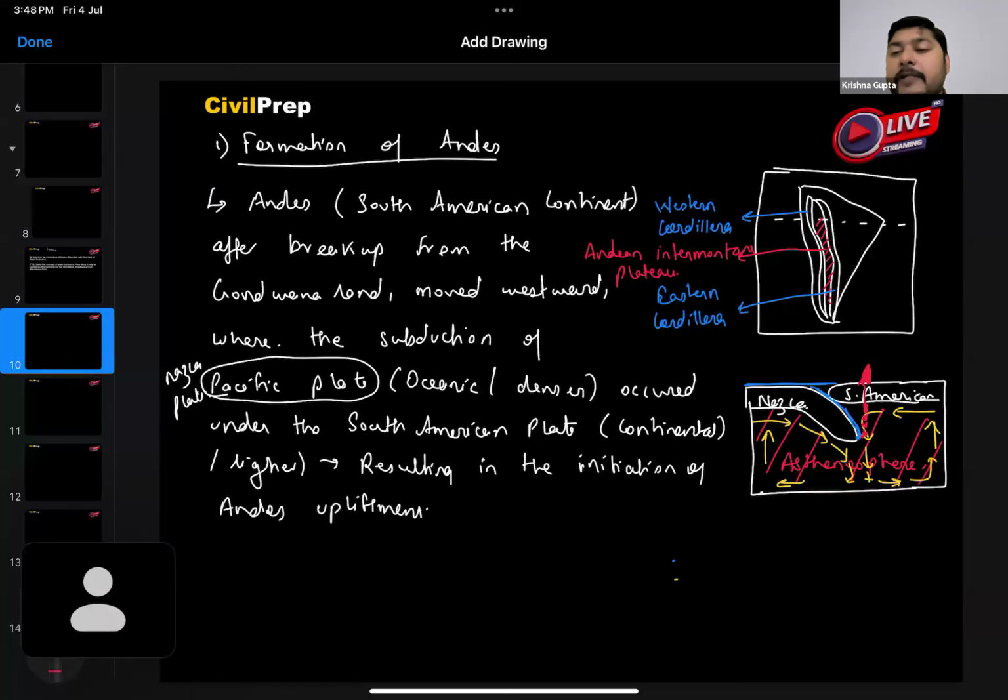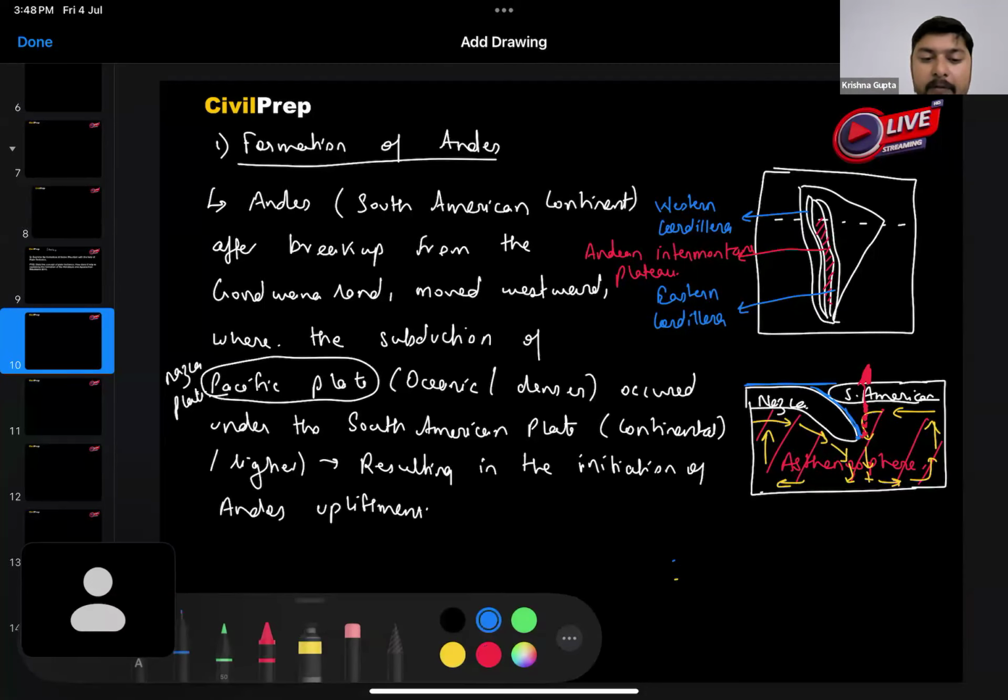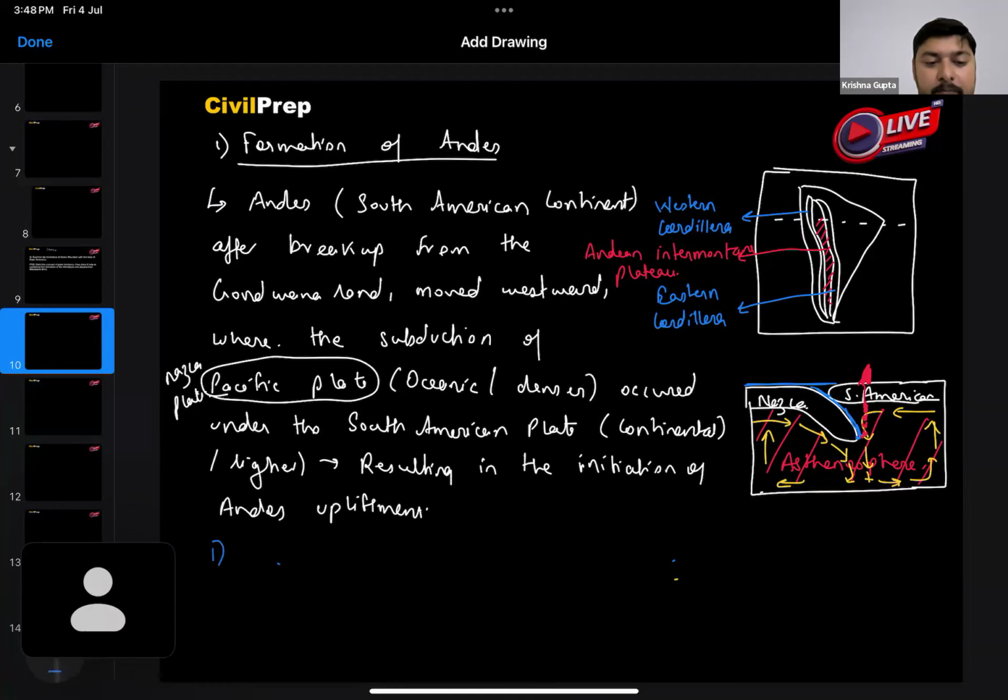Now, this is the first step, which occurred almost around 70 to 75 million years ago with the initiation of the formation of the Andes. Here we need to have a note. So what is the note?